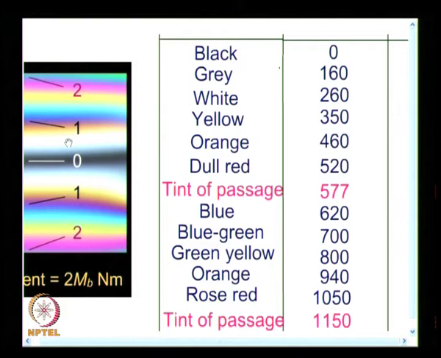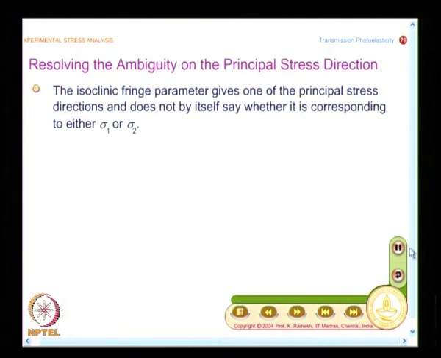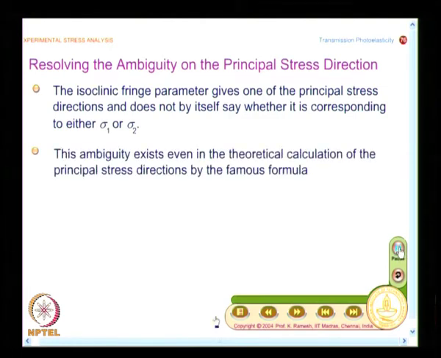And we are going to take up a very important topic, which I had mentioned earlier also: when you are finding out the principal stress direction, photoelasticity gives you sigma 1 minus sigma 2 as well as the principal stress direction at the point of interest.